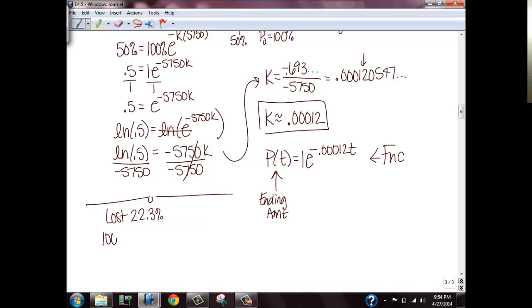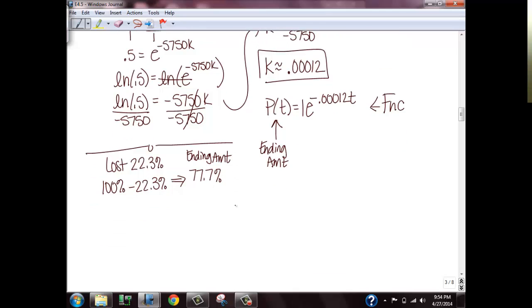So if we take 100% and subtract the 22.3% that it lost, that means that our ending amount is 77.7%. Okay. This is our ending amount. So what we're going to go ahead and do is plug in the 77.7% and figure out what time that happened at. Because once we know the time, that will tell us the age of the Dead Sea Scroll.